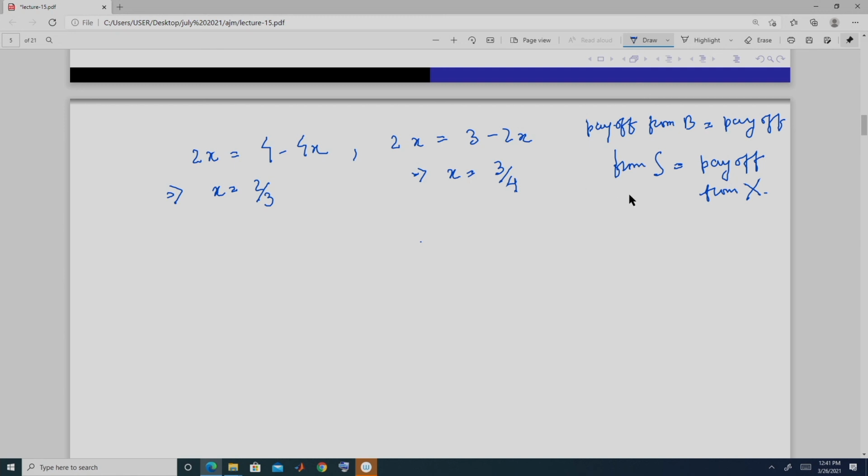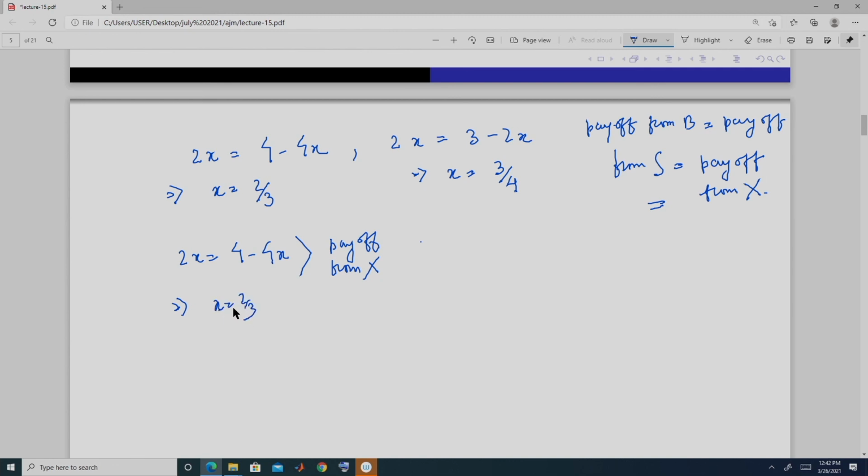This is for player 2. This is clear from this. But now suppose we attach some probability to these two, and this is greater than payoff from X. So, this means that X is equal to 2/3.